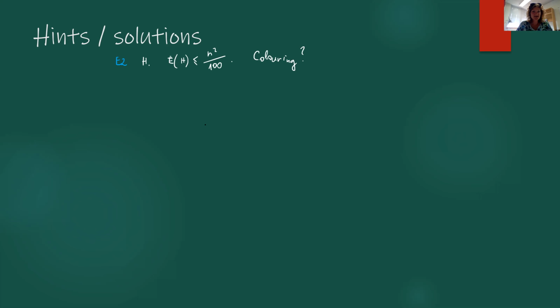And the hint said, consider the vertices. I won't write out now what U is, but U is the set of vertices of degree at least n. Why? Because those are the only possible vertices for the two centers, let's say.